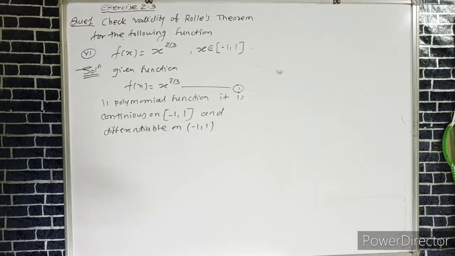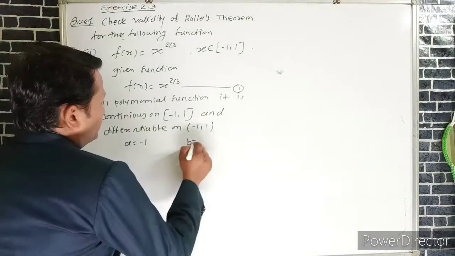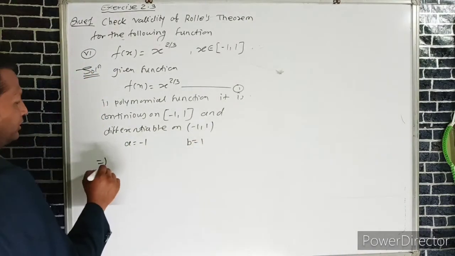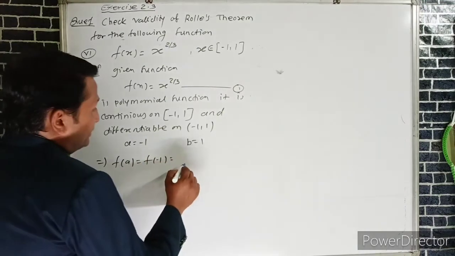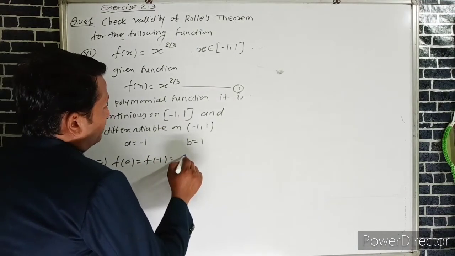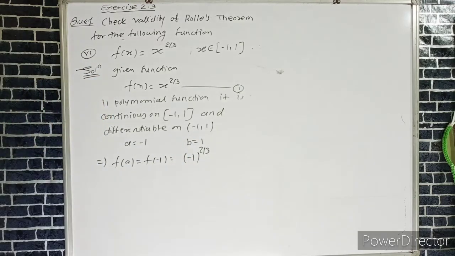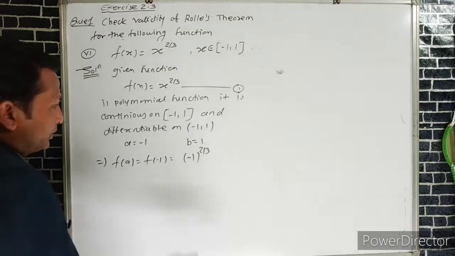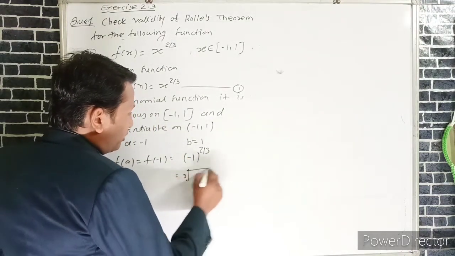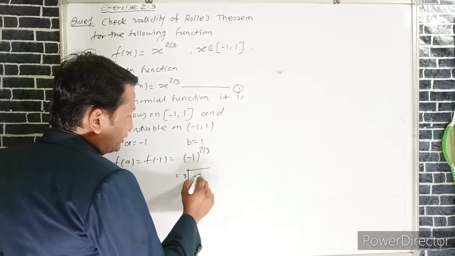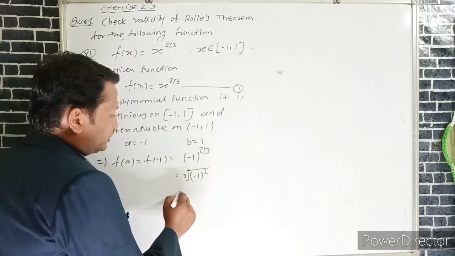So here a is minus 1 and b is 1. If we substitute the value of a, which is minus 1, we can write minus 1 raised to the power 2 by 3. We can write that as the cube root of minus 1 square, which is plus 1.